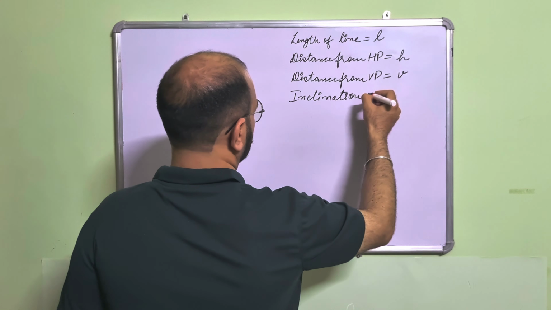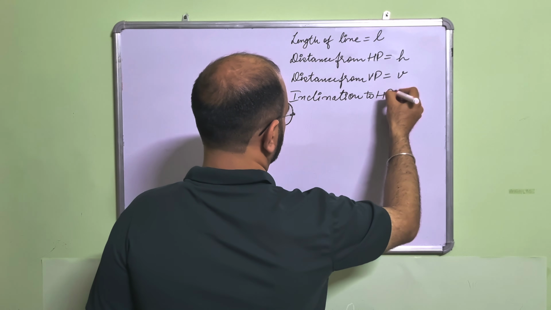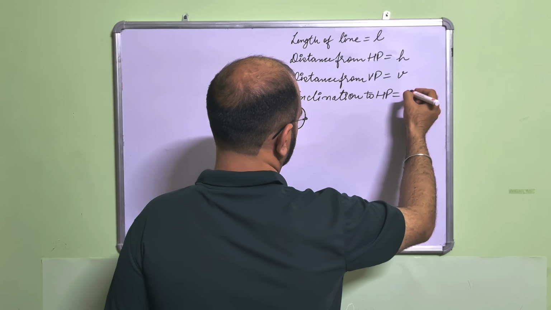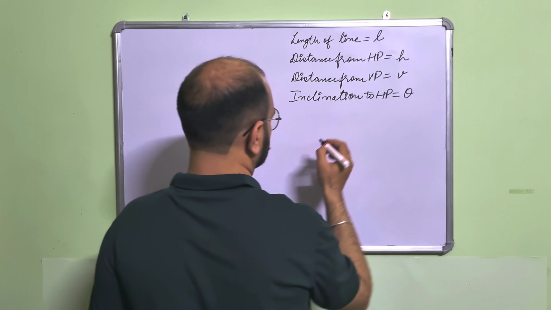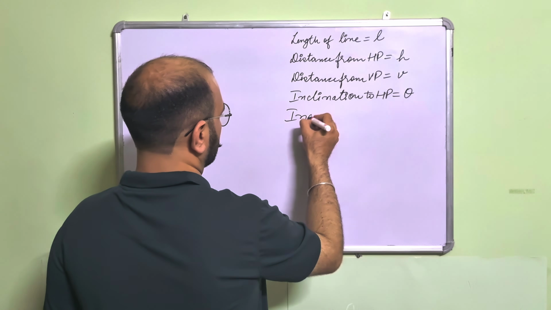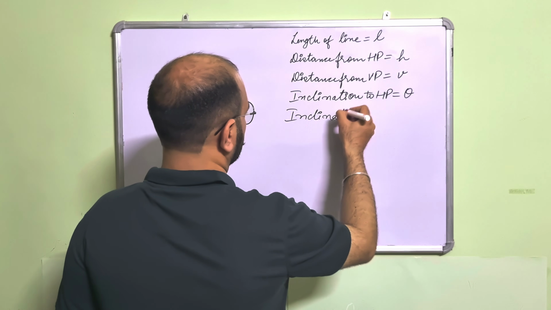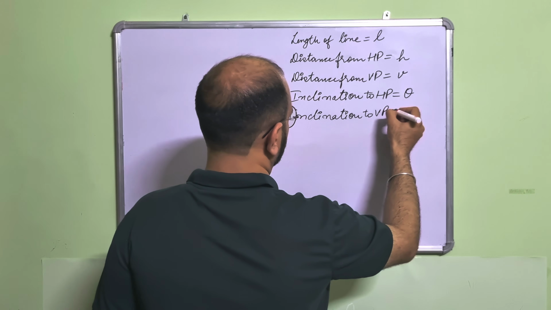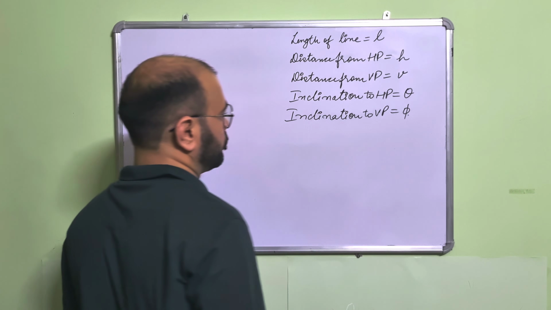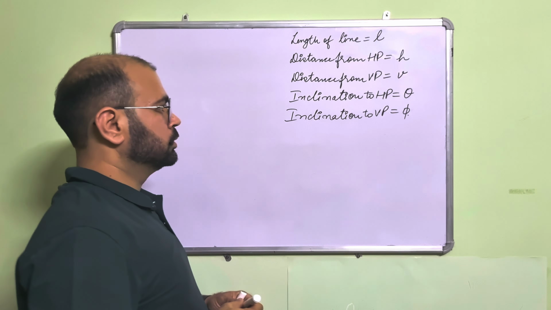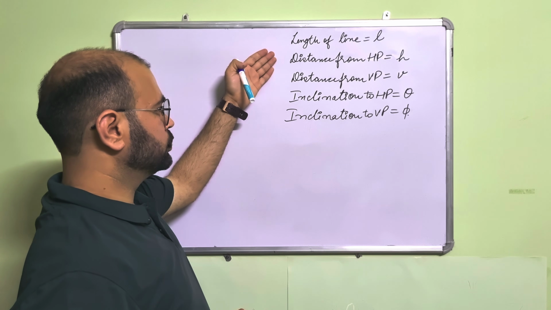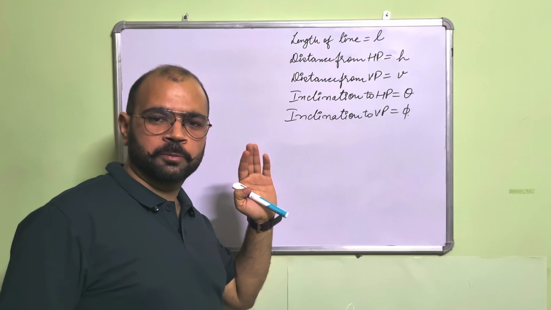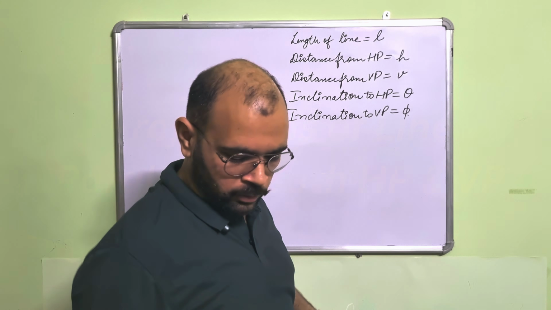Inclination to HP, let it be represented by theta. Inclination to VP is represented by phi. So let us suppose these representations and then let us draw the various projections of lines.